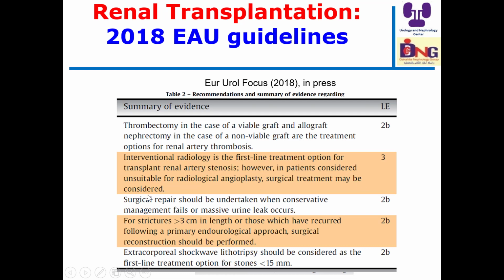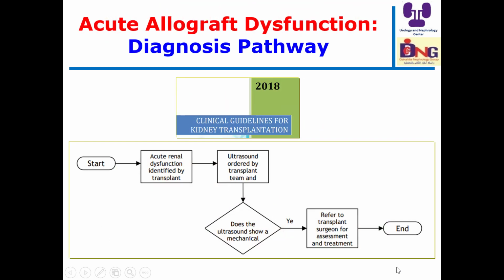And here it is wise to look at blood pressure and the number of medications used to treat hypertension. And this is the level of evidence. As you see, the level of evidence is not very strong. Surgical repair should be undertaken when conservative management fails or massive urine leak occurs. And you can see the rest of the conclusion.